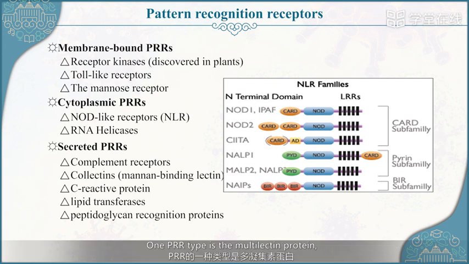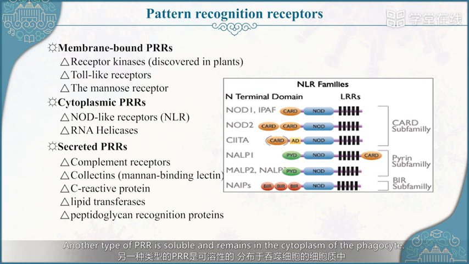One PRR type is the C-type lectin protein, which binds to specific carbohydrates produced by pathogens. One C-type lectin PRR is the mannose receptor, found on dendritic cells and macrophages.